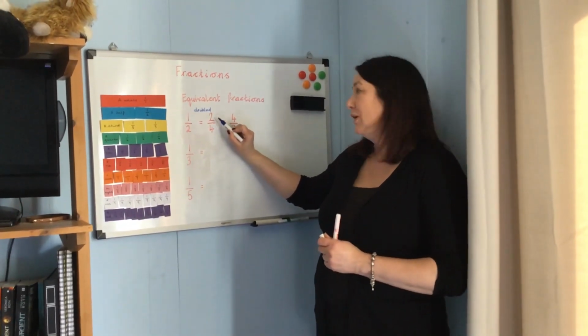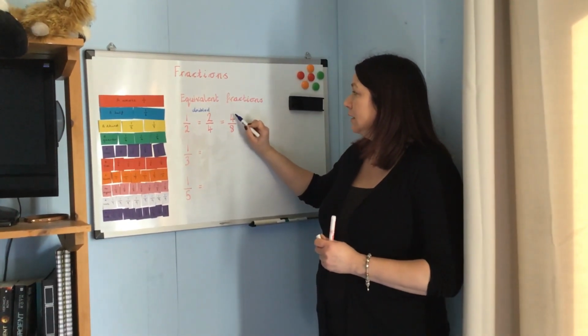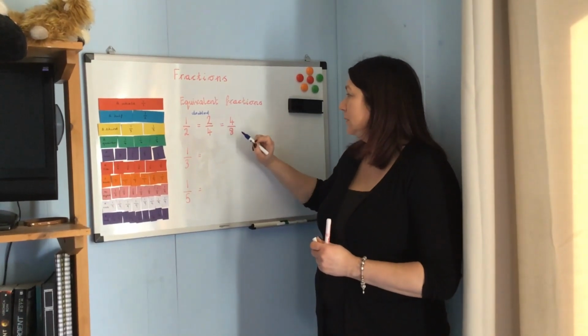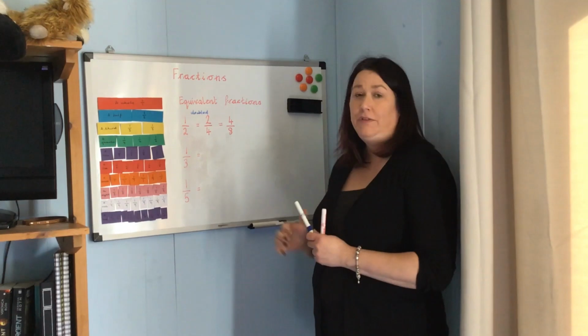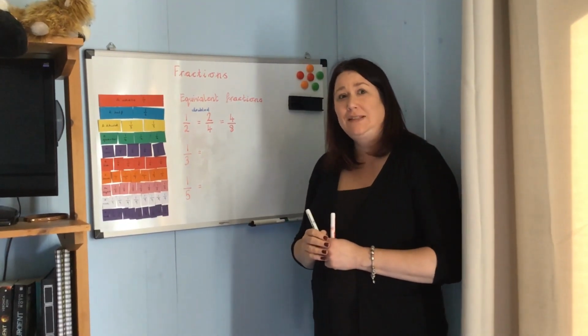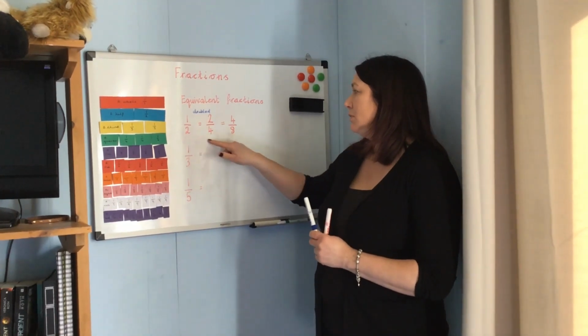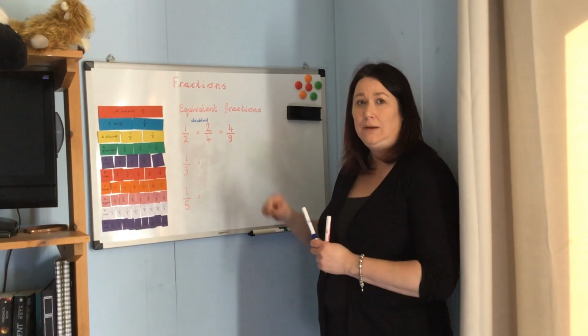We can then see, if we look at the next equivalent fraction, that this number 4 is double 2. So again, it has doubled. If we look at the bottom number of the fractions, we can see that that same pattern is there as well. 2 gets doubled to make 4. 4 gets doubled to make 8.